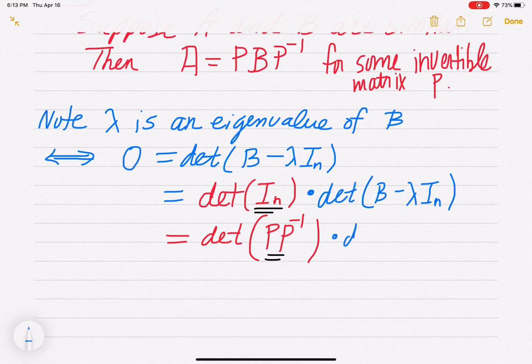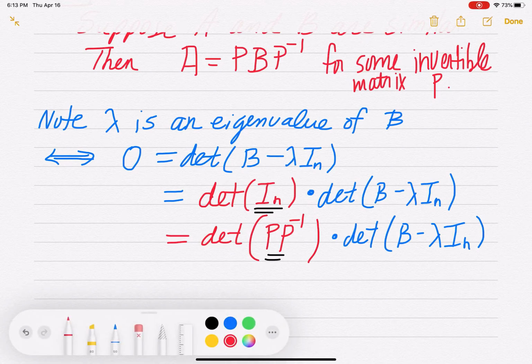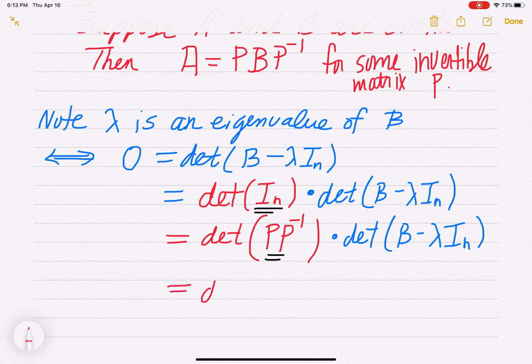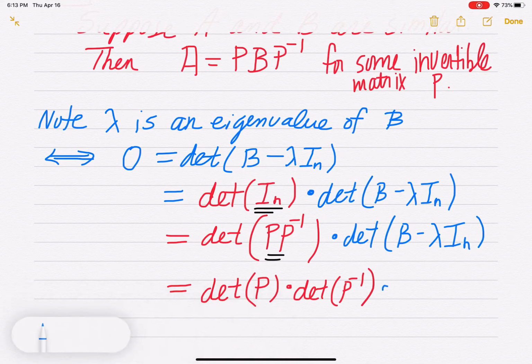And then we got this blue determinant of B minus lambda I. Now we have a property of determinants that says we can separate determinants. Determinants are multiplicative with regard to matrix multiplication, so we can break this into the determinant of P times the determinant of P inverse, like so. And then we got on the end this blue determinant of B minus lambda I.